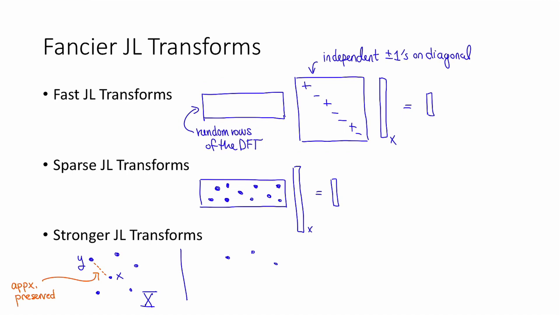Once again, we have our set, capital X, but now I might hope that for any little x in capital X, and any point y, some new point, not necessarily in capital X, the distance between x and y is going to be approximately preserved. This is a much stronger guarantee, and it turns out that this is actually possible. The embedding is more complicated and actually is nonlinear.